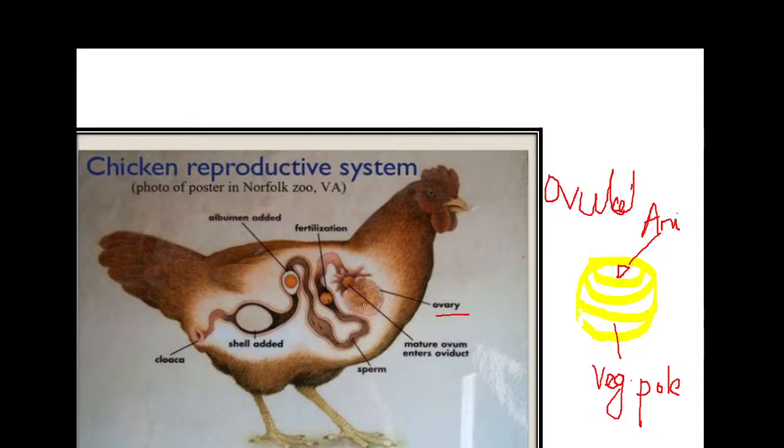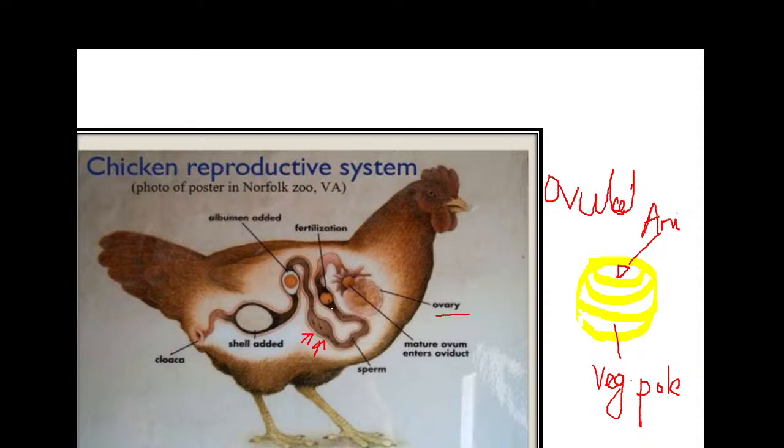You can see here, after ovulation the egg enters the ostium and will reach the oviduct. Here you can see this shows the sperm. The sperms are found in the oviduct, and these sperms will fuse with the egg at this location.